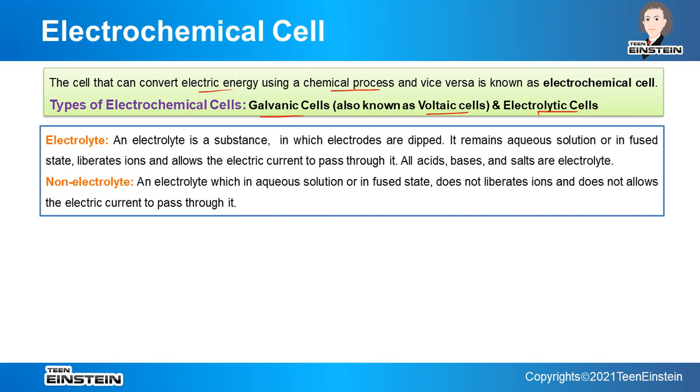Okay, so what is an electrolyte? An electrolyte is a substance in which electrodes are dipped. Now what is an electrode? We will come to that point later. Just remember, electrolyte is a substance in which electrodes are dipped. This electrolyte may be an aqueous solution or it may be in fused state, that is, in melted condition.